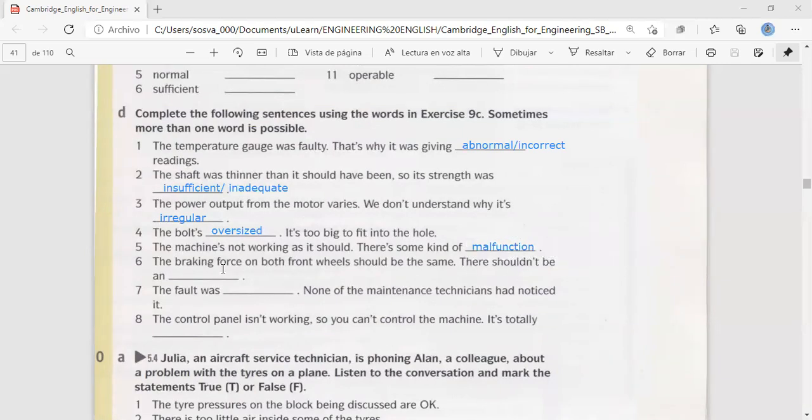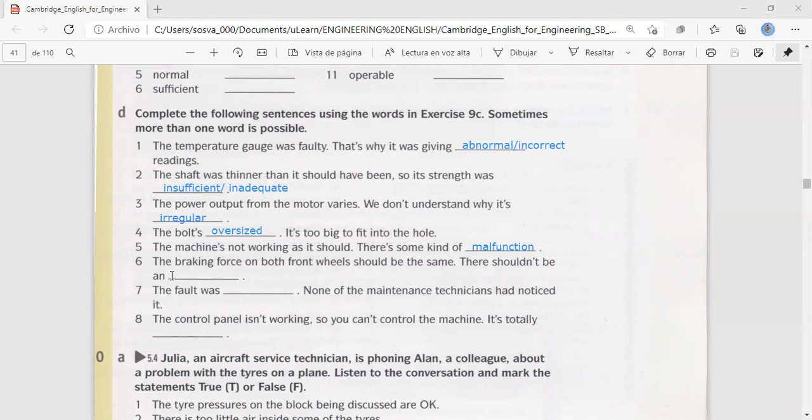Perfect. Number six says the braking force on both front wheels should be the same. There shouldn't be an irregular, no. We're talking about braking force in both wheels.